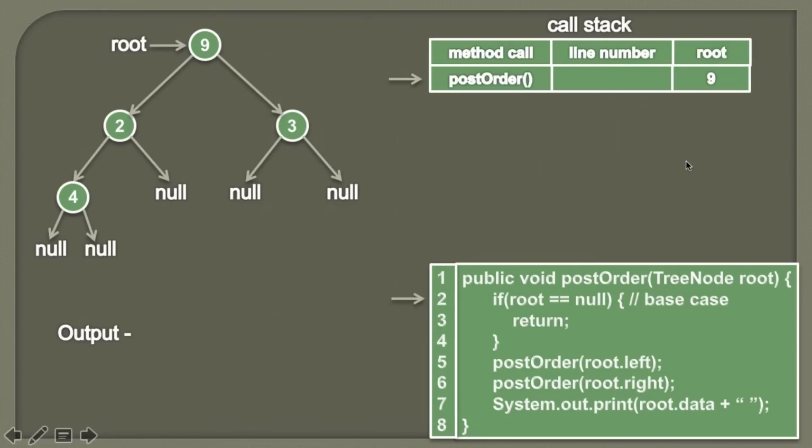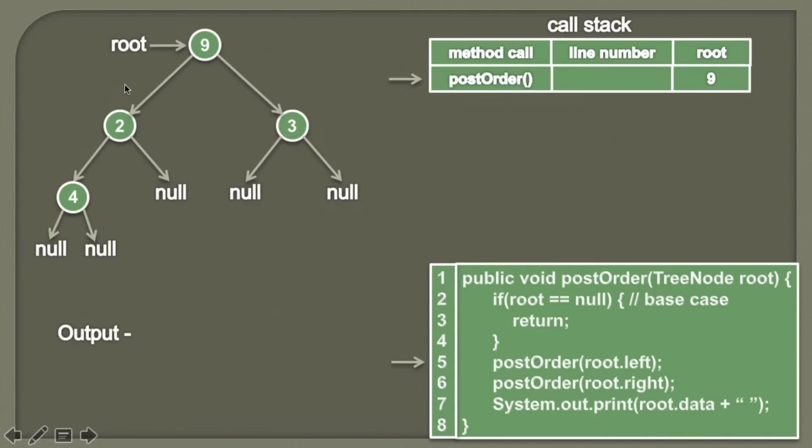So currently as you can see, root is pointing to 9, therefore it's not equal to null. So therefore the condition in if block comes out to be false. And at the line number 5, we see it calls post order method again, and this time we are passing root's left, which is the node 2.